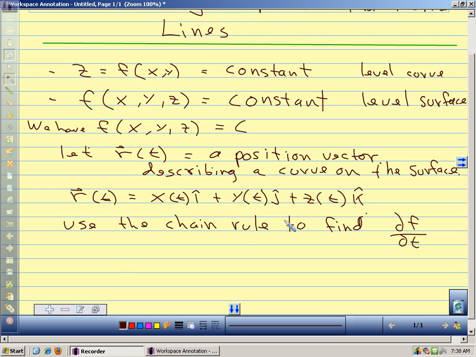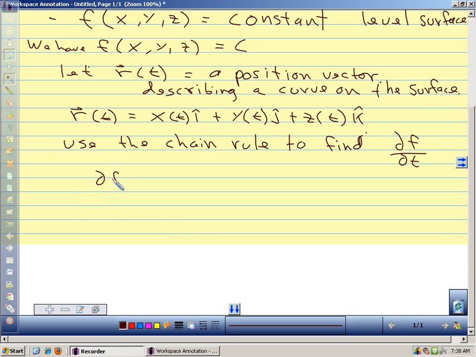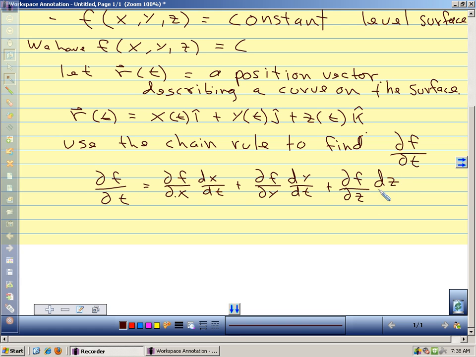So we can use our chain rule to say that df dt equals df dx times dx dt, plus df dy times dy dt, plus df dz times dz dt. Our chain rule tells us this is what df dt is.